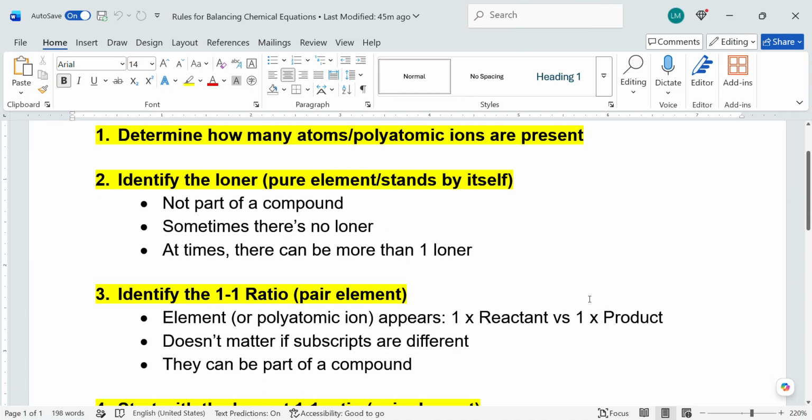The second step is to identify the loner, which is also called the pure element, and it's the one that stands by itself. It is not part of a compound. And keep in mind that since there are so many different types of chemical equations, sometimes there's no loner, and other times there can be more than one loner.